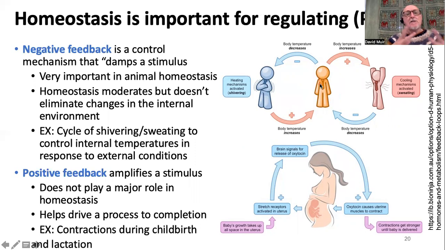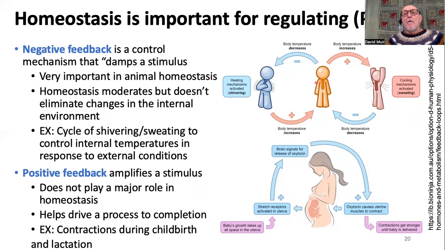Our body temperature is actually monitored, as I'll show you in a minute, by an area of the brain. And in monitoring, if the temperature is seen to vary away from that set point of 37 degrees, then there is a response, a set of responses which the body can operate.